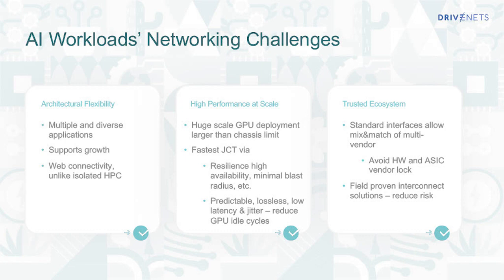From requirements come the challenges, right? To maximize the time that the GPUs are doing their work, to minimize the job completion time, what they need is a connectivity solution that is lossless. Of course, if you need to retransmit a packet, it's a packet that didn't reach its GPU, a packet that is not being worked with, and you need predictable behavior. It's not so critical to have a really slow delay. It's more critical to have low jitter, a delay that is predictable and always within some ranges.